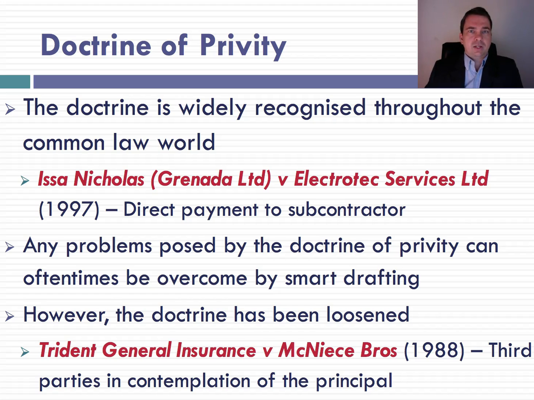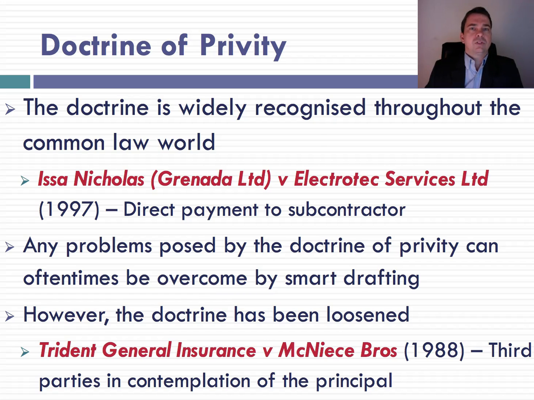Then there was a contract between the main contractor and McNeice Brothers, who were the subcontractors. Now, someone from McNeice Brothers got hurt and tried to sue the insurance company for compensation. The problem, of course, once again, was that the contract was between the insurance company and the main contractor, not between the insurance company and the subcontractor.